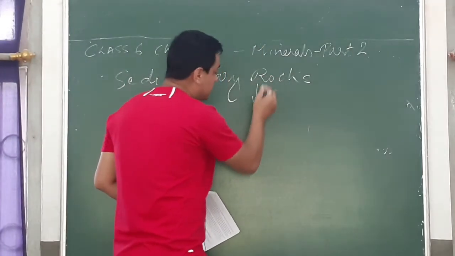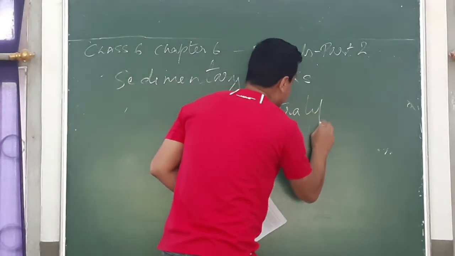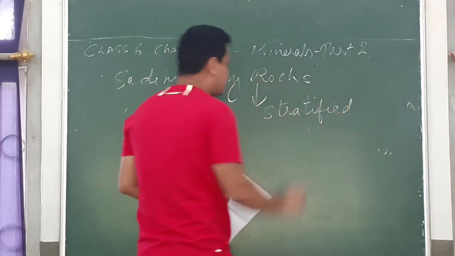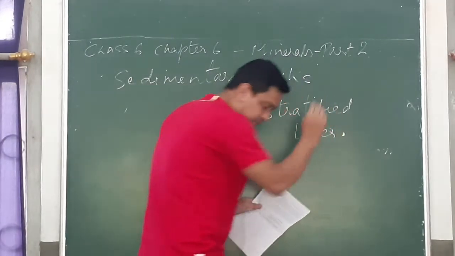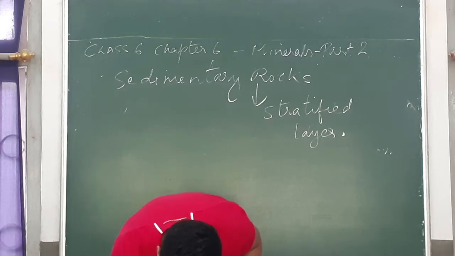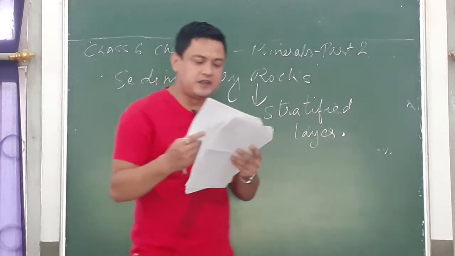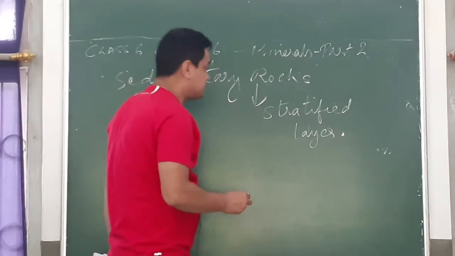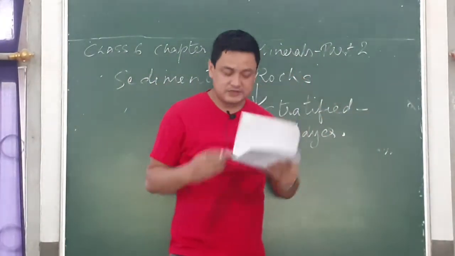So therefore, they are also called stratified rocks. S-T-R-A-T-I-F-I-E-D. Stratified rocks means they form a layer, or a series of layers of rocks. So they have a series of layers, like a piling of books.